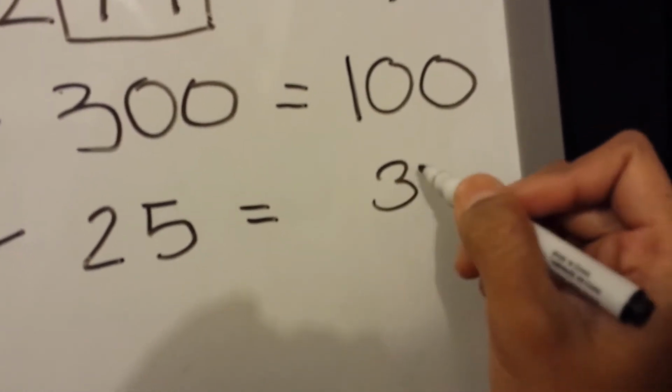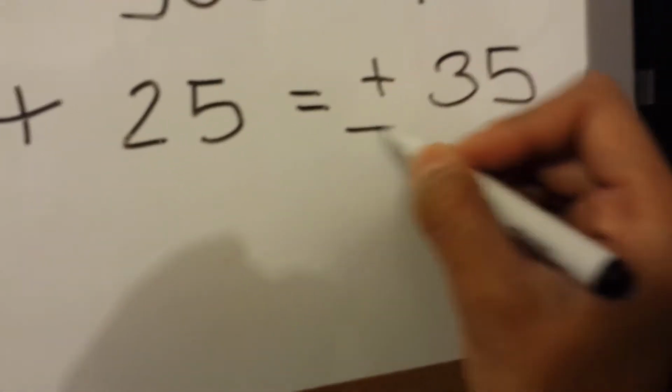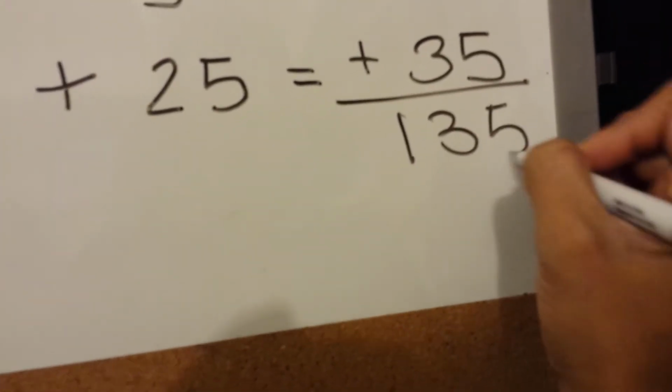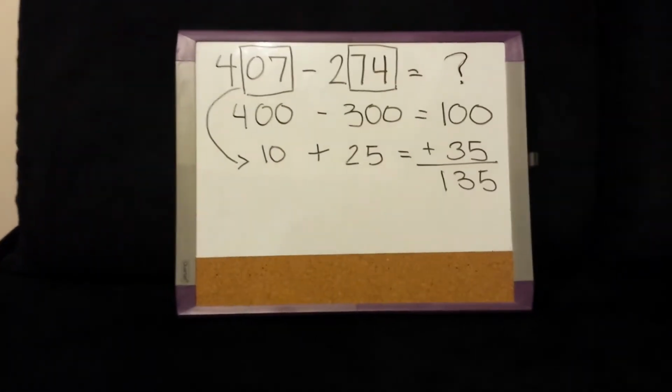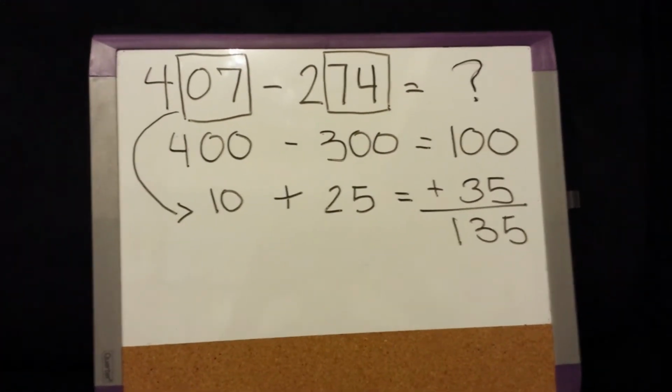That will give me 35, and when I add it back to my 100, I will have 135, which was my original estimate. Keep in mind this is only an estimation and not our final answer. It is just one way that we can look at the whole equation first.